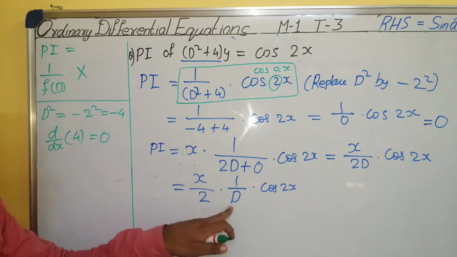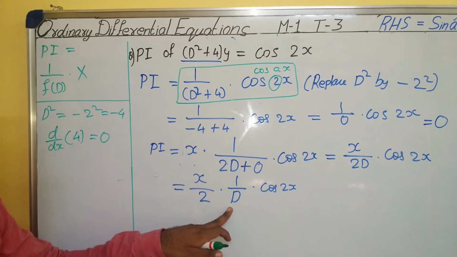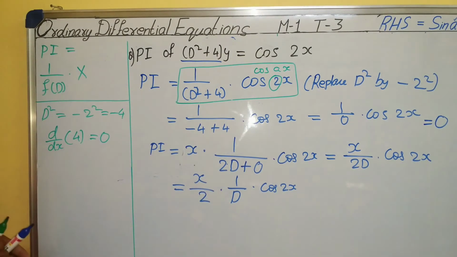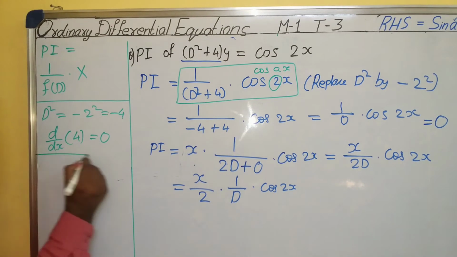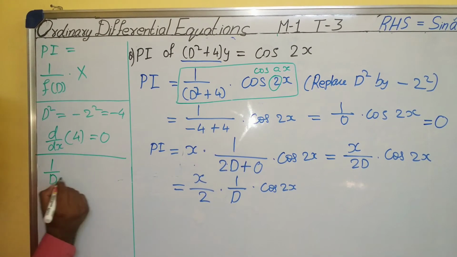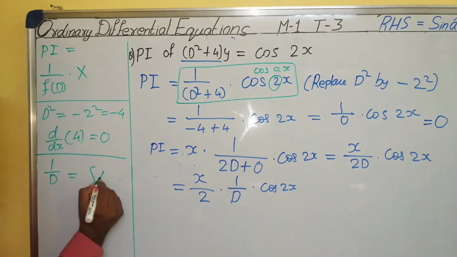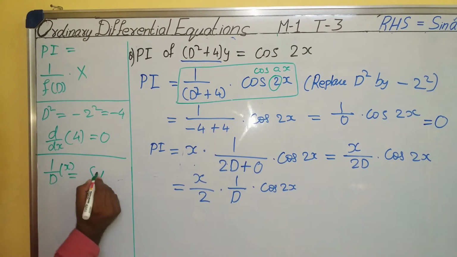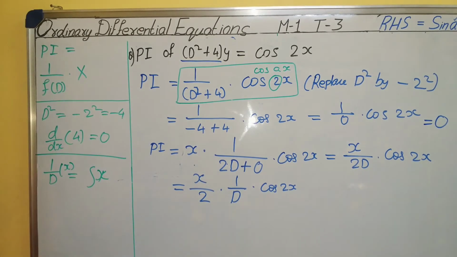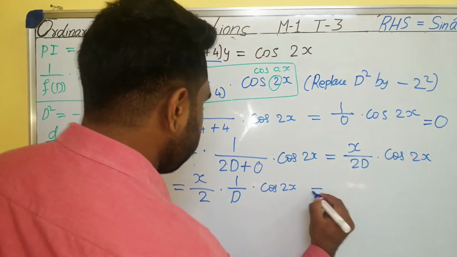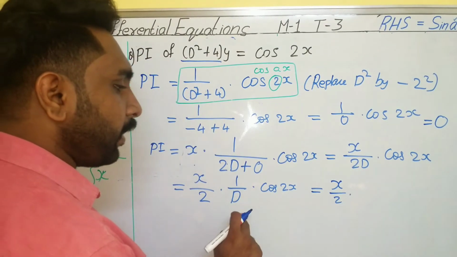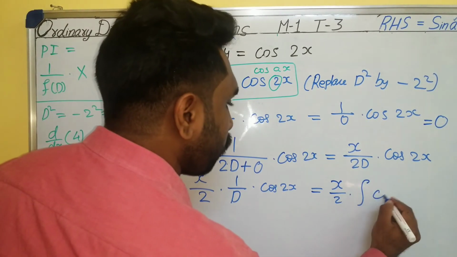When differentiation comes in the denominator, we call it integration. 1 by D is equal to integration of that particular term, so 1 by D of X is equal to integration of capital X. So x by 2 into, as always, 1 by D means integration of cos 2x.